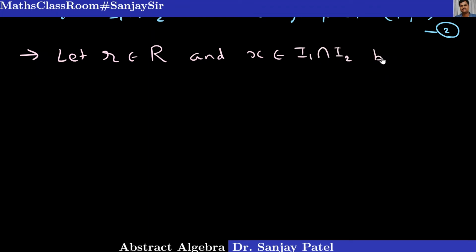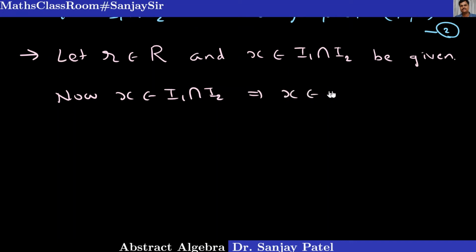This is arbitrary. They are given. Okay. Now x belongs to this I1 intersection I2, right? That means it is in both the sets. So x belongs to I1 and x belongs to I2.